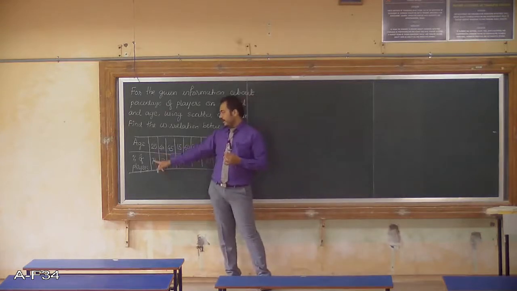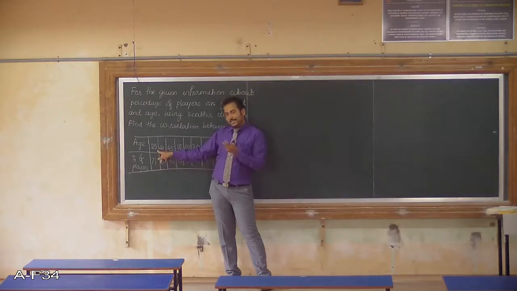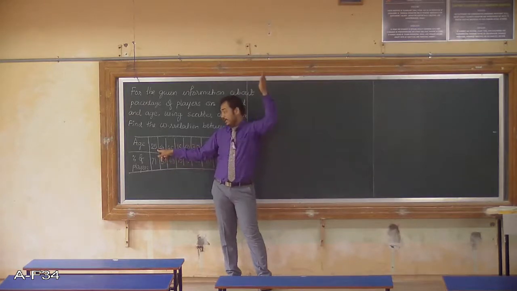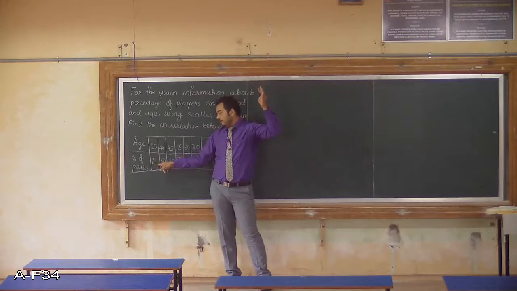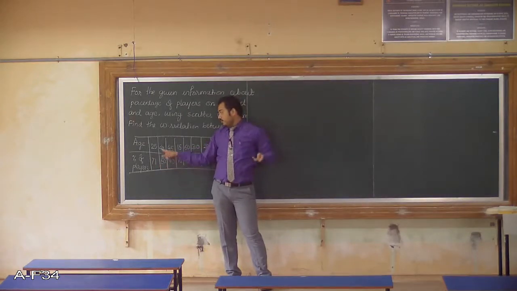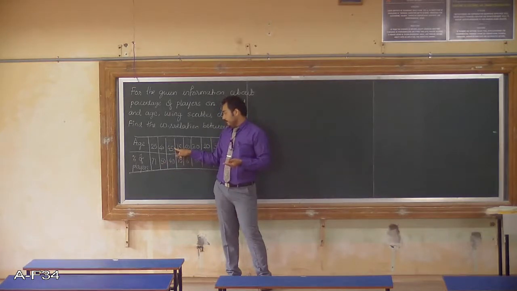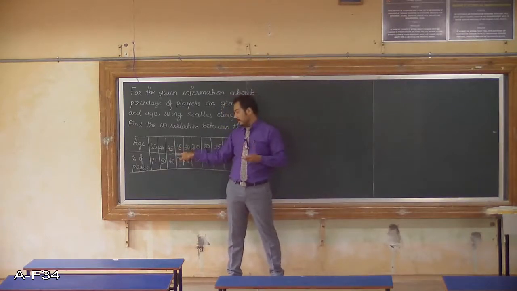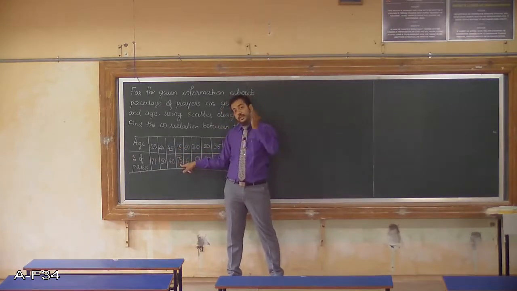For 25 it is 71, then 40. So there is an increase in age from 25 to 40. Then what happens to the 71 to 50? It is a decrease. Then 40 to 45, again an increase. Then 50 to 40, still a decrease. Then 45 to 15, a decrease, but here 40 to 75, an increase.